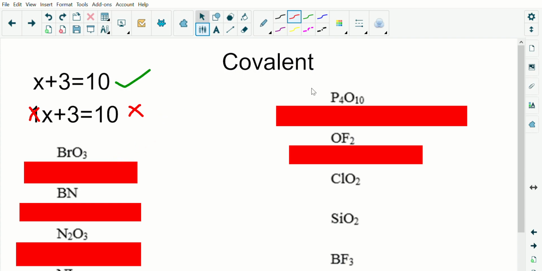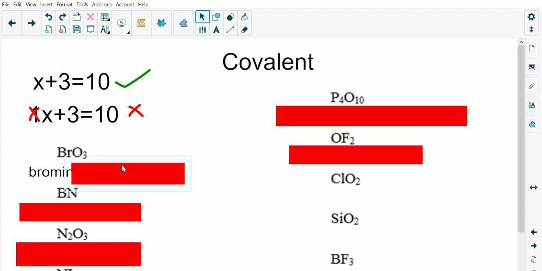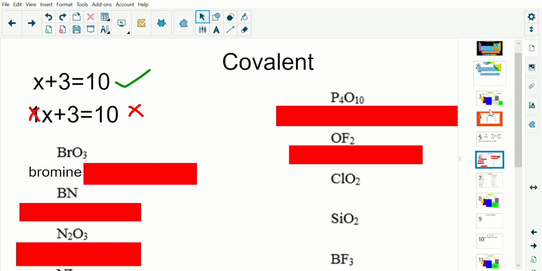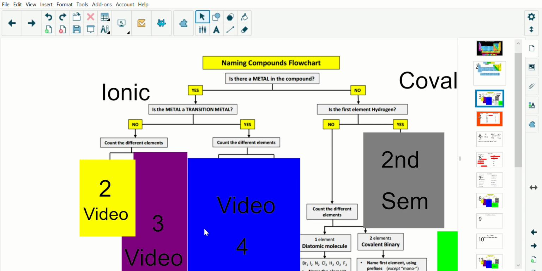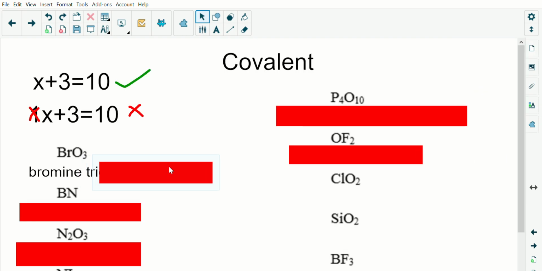So, for example, starting with this one, which you can see is 1 Br. Br is bromine, so we'll call this bromine. There are 3 oxygens. The prefix for 3 is tri, and it's going to end with an ide. So this is bromine trioxide.